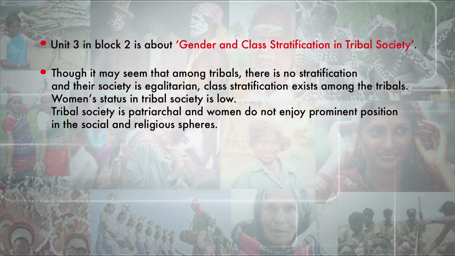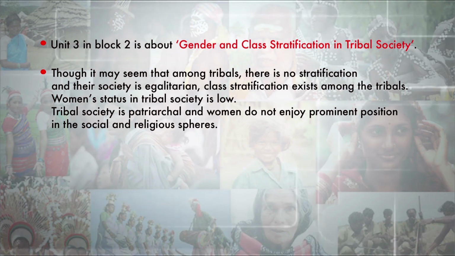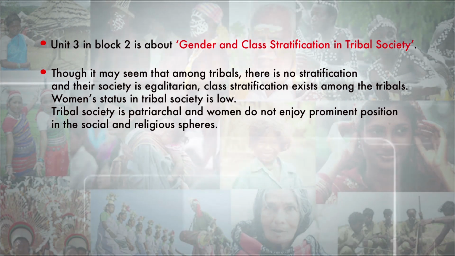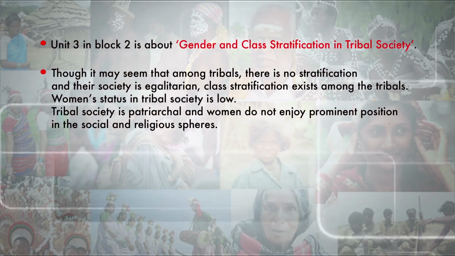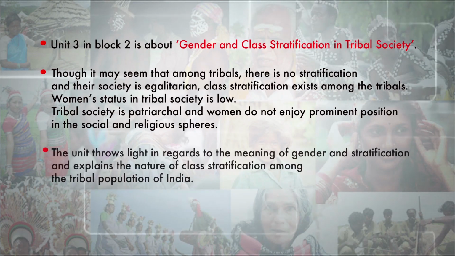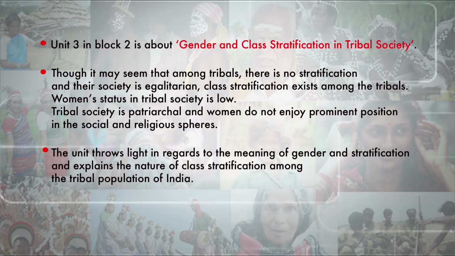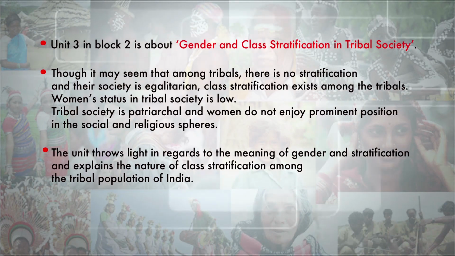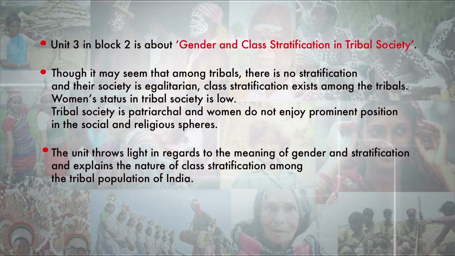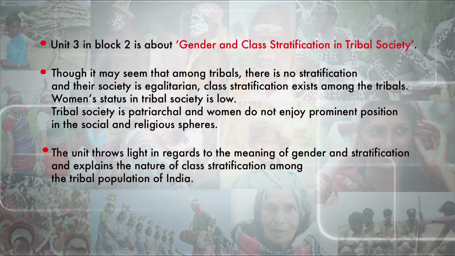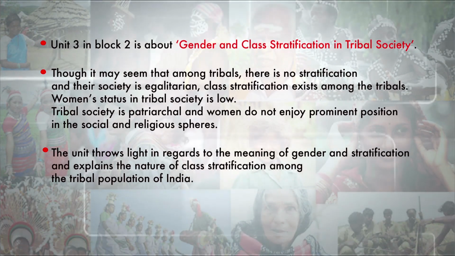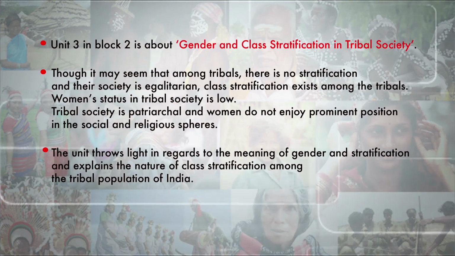Tribal society is patriarchal and women do not enjoy a prominent position in the social and religious spheres. The unit throws light on the meaning of gender and stratification and explains the nature of class stratification among the tribal population of India.